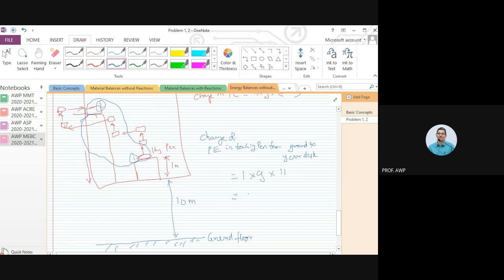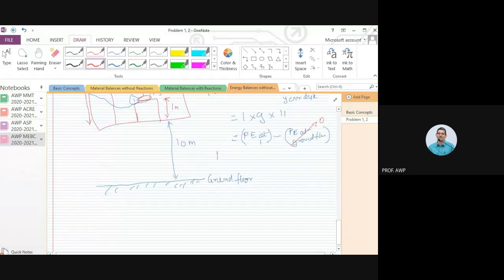This would be the same as potential energy at location 1 minus potential energy at ground floor. Isn't it? Potential energy at ground floor we have defined as 0. So potential energy of the pen at location 1 is nothing but the change in taking it from ground to this. So 1 into g into 11.